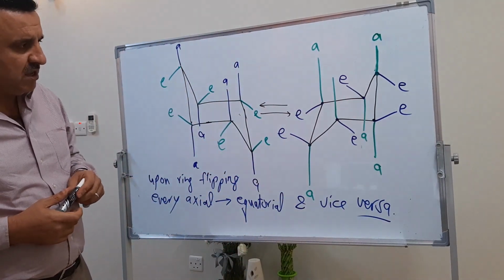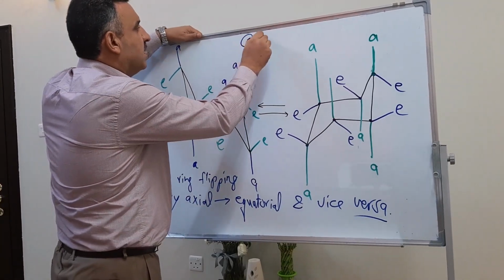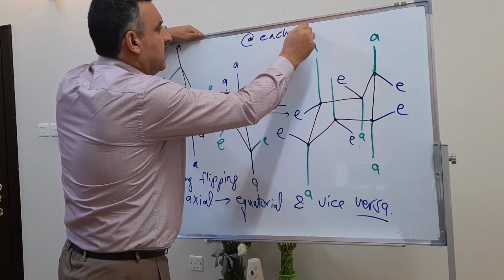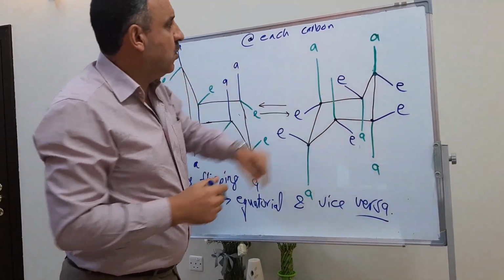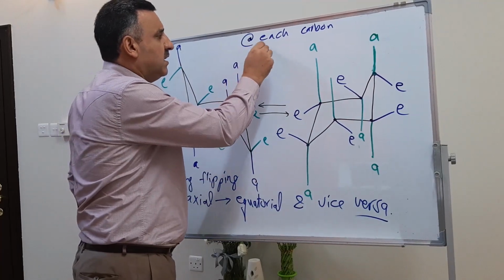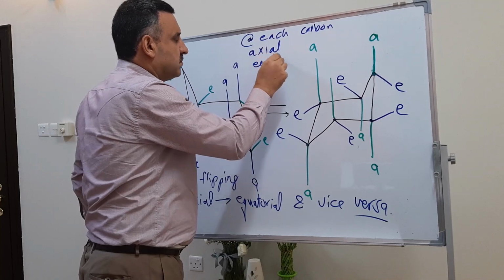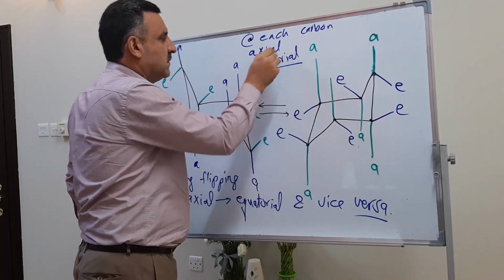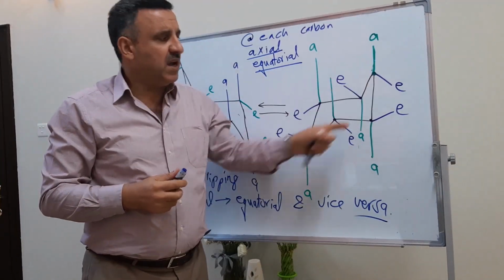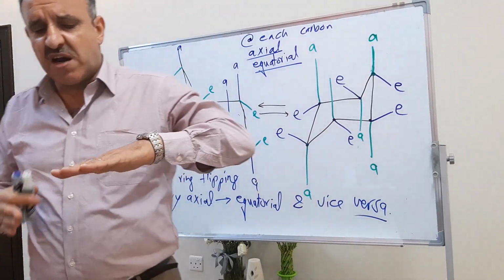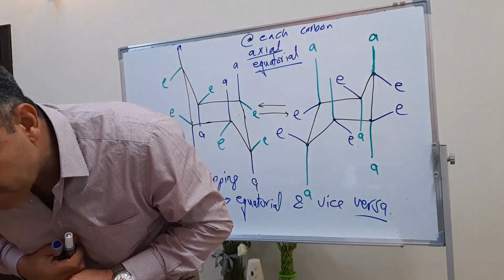At each carbon, there are 2 orientations of the bonds: axial and equatorial. The axial bonds are perpendicular to the average plane of the system.